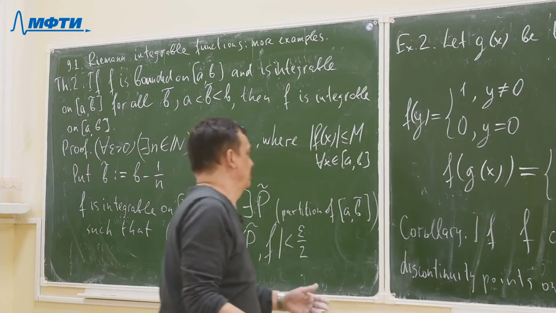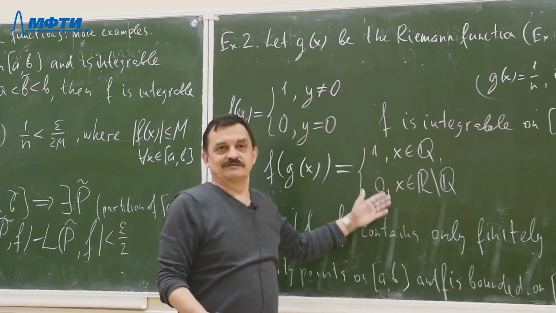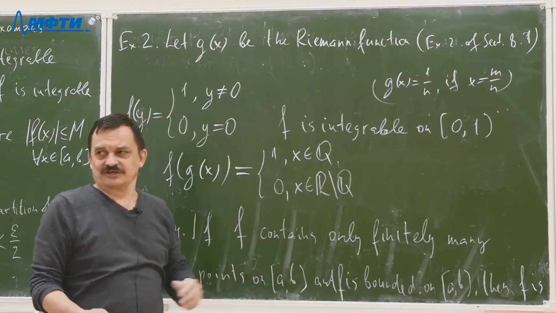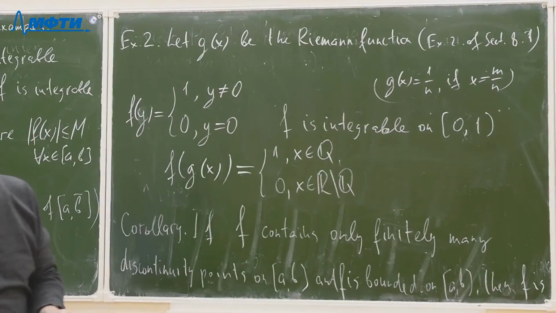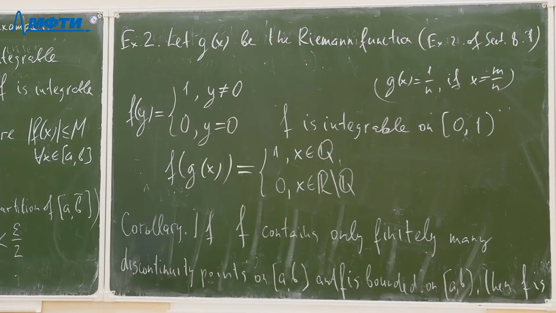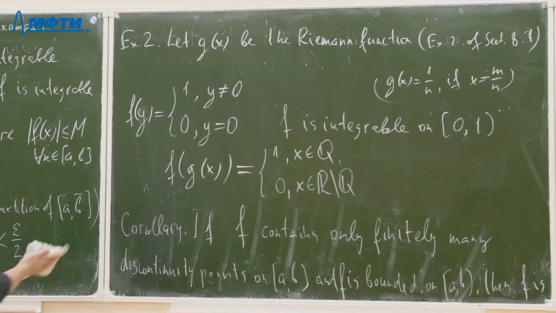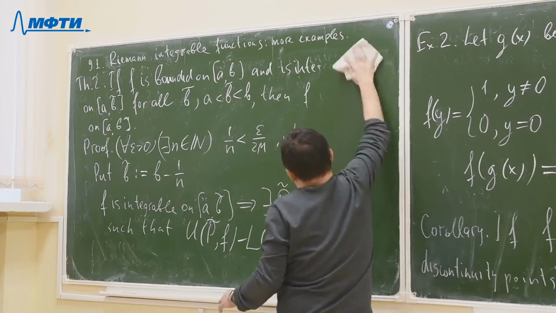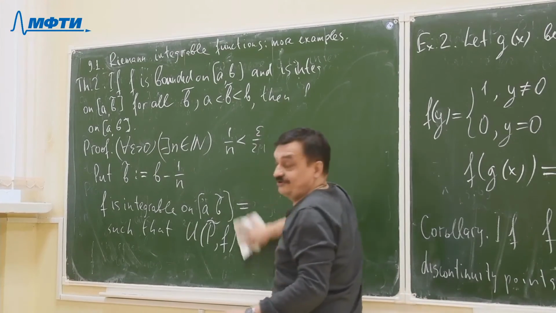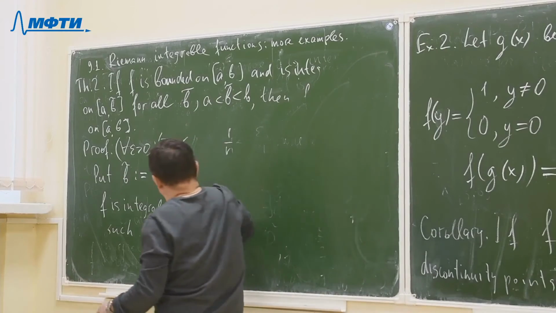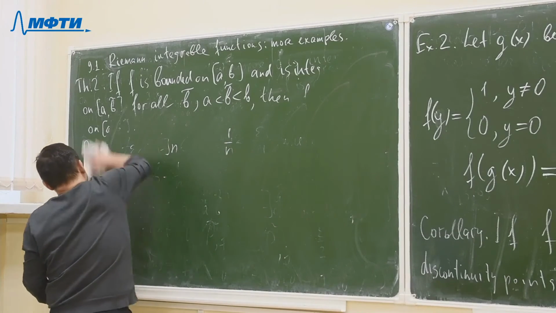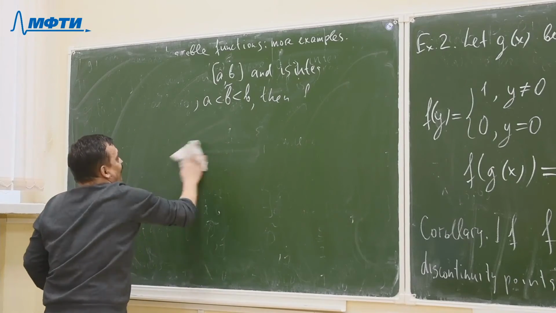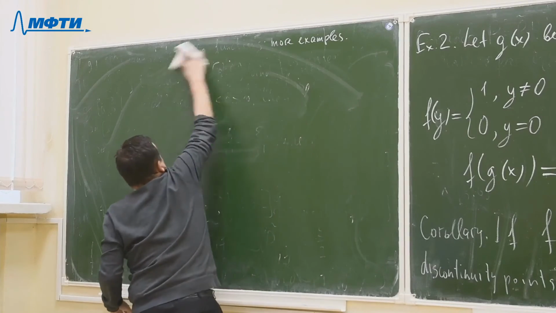In fact, up to now we have only one example of a non-integrable function, right? No more yet. But I would say, in some sense, there are essentially more non-integrable functions than integrable. That is unexpected, but I'll not go into details.